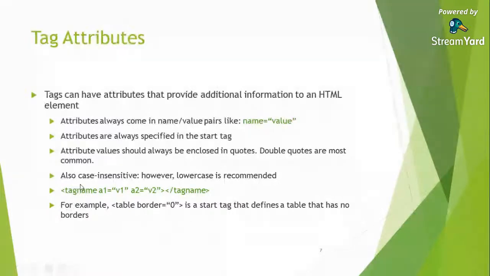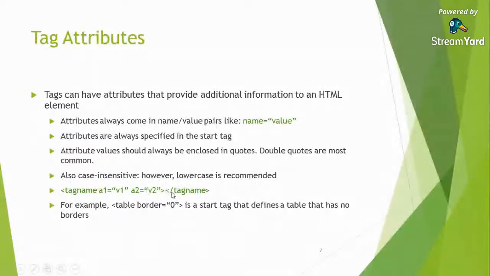This is the syntax: whenever we use any tag name, then its attributes, and multiple attributes can be there. For example, a1 is the first attribute, equals its value, which we basically enclose in double quotes, and a2 is another attribute, so a2 equals its value.